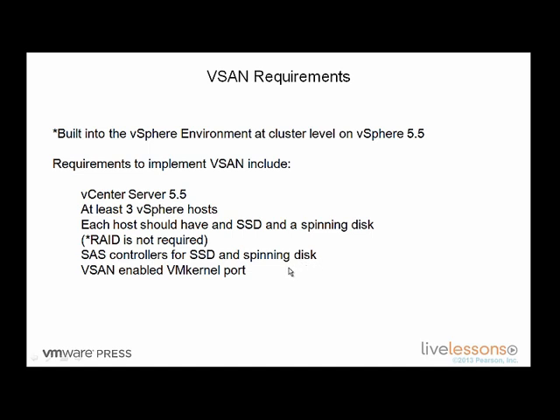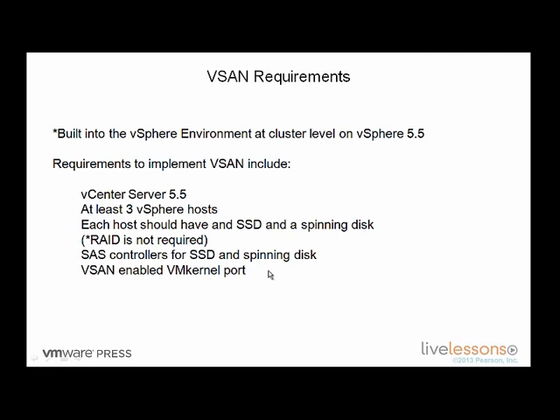And then VSAN requires its own enabled VM kernel port. It used to be that when we would teach about VM kernel ports, we would say that they could be used for one of 4 things. It was for IP storage, for vMotion, for fault-tolerant logging, or for management. Well, now there's a 5th, and that would be VSAN enabled.